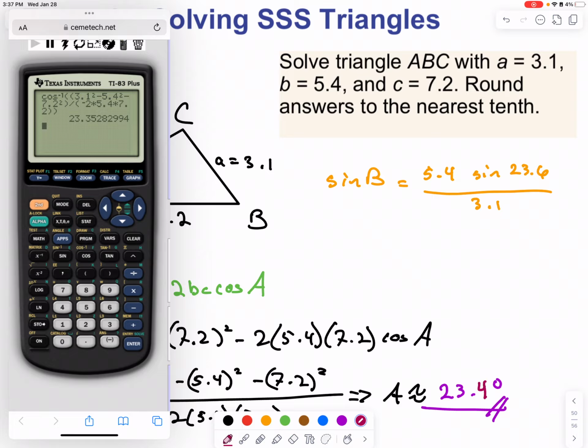So now we're going to do 5.4 times the sine of that answer divided by 3.1, and then we need to do the arc sine of that answer.